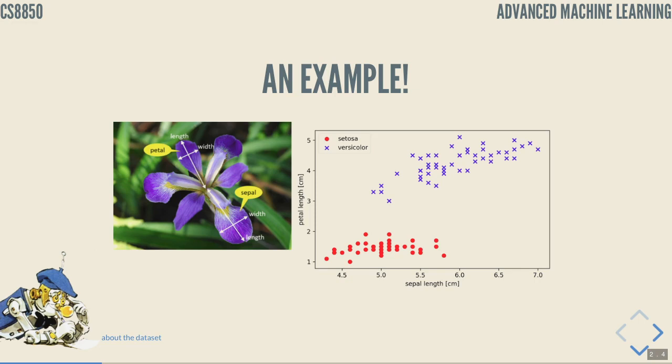This dataset was introduced in his 1936 paper, "The use of multiple measurements in taxonomic problems," as an example of linear discriminant analysis. That's the paper title. It's sometimes called Anderson's iris dataset because Edgar Anderson collected the data to quantify the morphologic variation of iris flowers of 3 species.